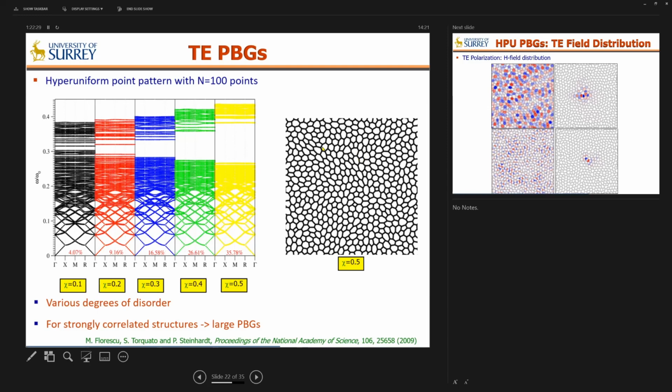And indeed, we obtain for hyperuniformity of 0.5 band gaps of around 36%, again of a similar size to the one found in periodic systems.